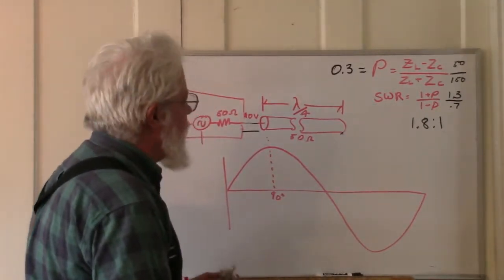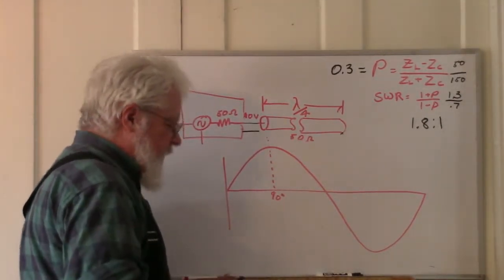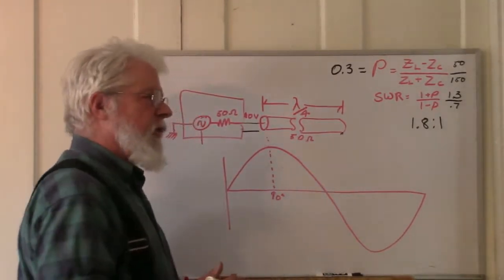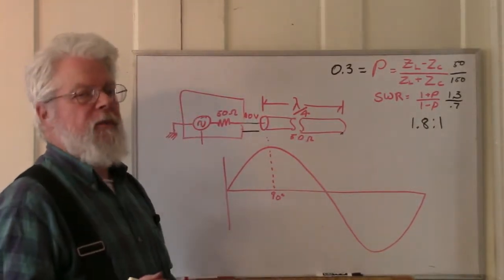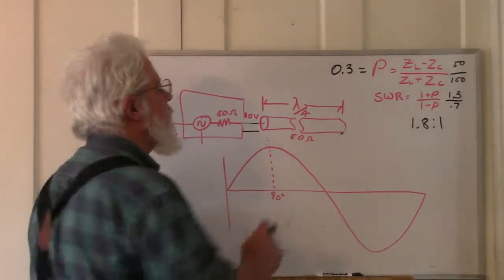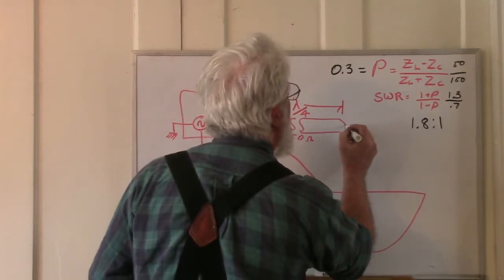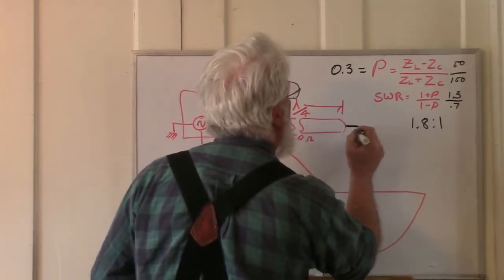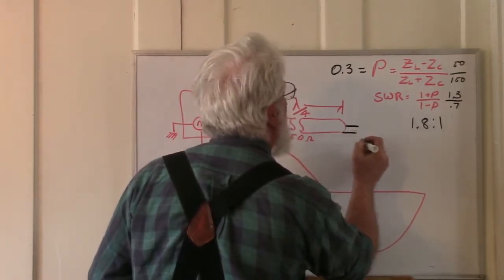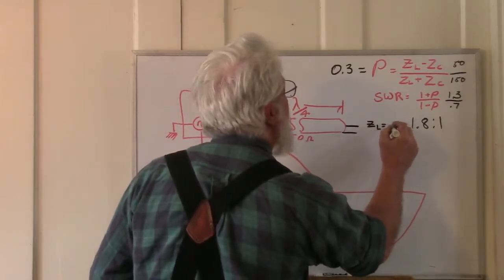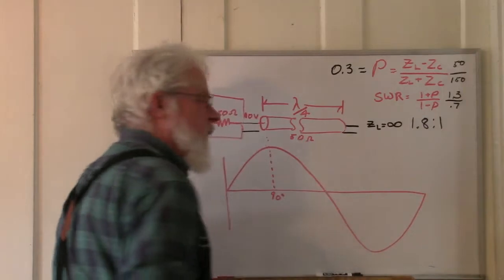So I get out to the end of my line, and let's see, should I do a short or an open? I'll do an open this time. We'll do an open circuit. So my line is open. Z load equals infinity.